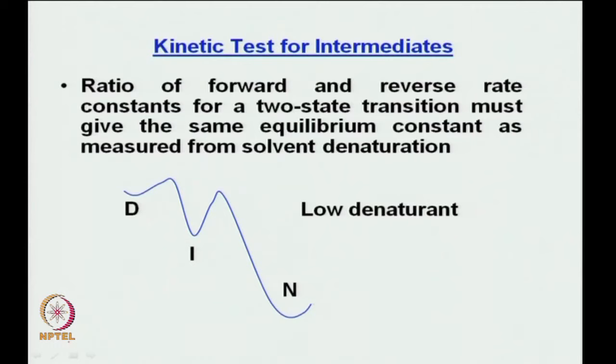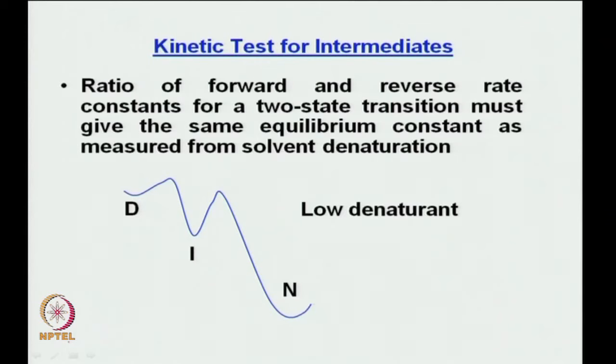Okay. And remember, the topic of this slide is how would you know whether it is an absolutely two state transition or whether it is not a two state transition, but you have intermediacy coming in, that means there are some other intermediates coming in.